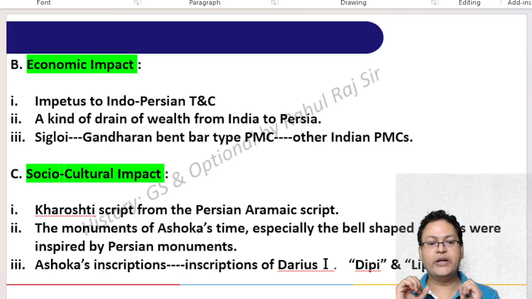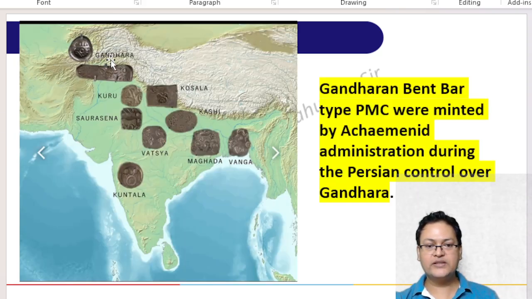Then third point is, there was a silver coin called sigloi, which was popular in the Achaemenid Empire, right? So the Gandharan bent bar type punch marked coin. Here, look at this. You can see this bent bar type punch marked coin.